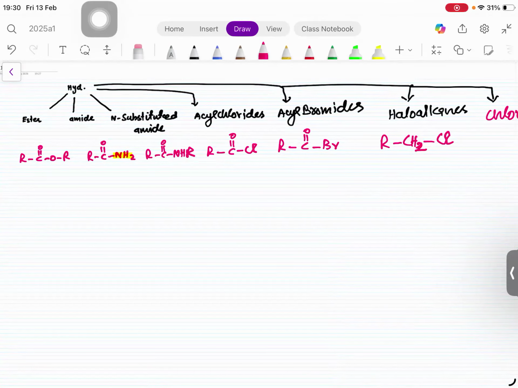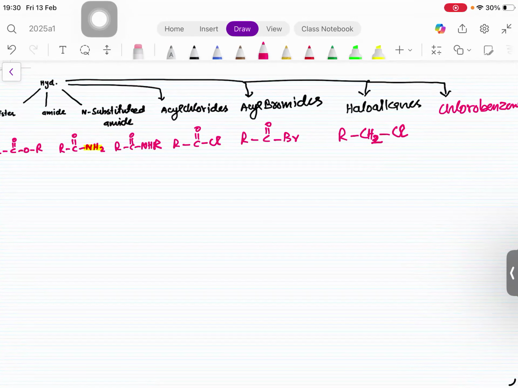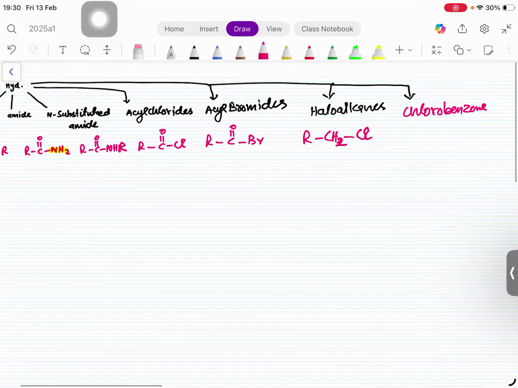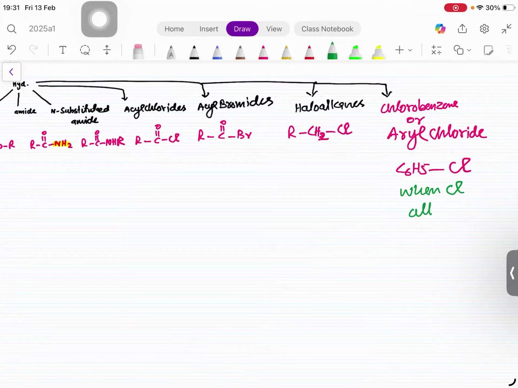And the chlorobenzene, you also call it aryl chloride. This is C6H5Cl, when chlorine is attached to an aromatic ring or benzene ring.